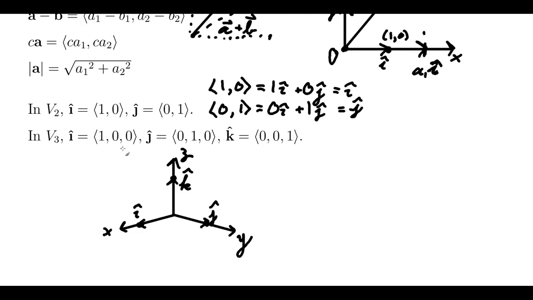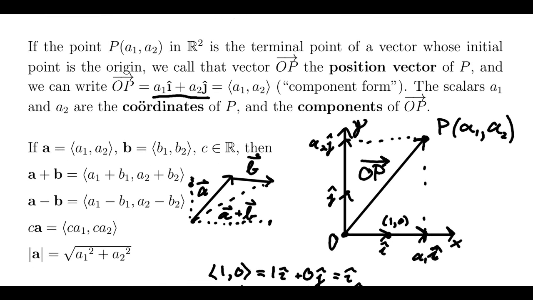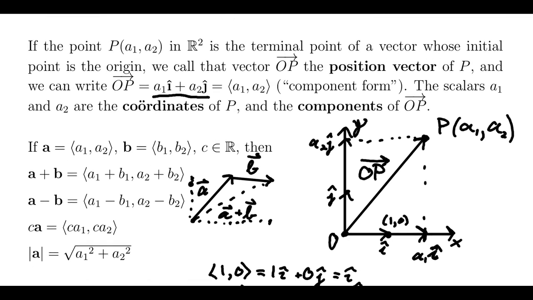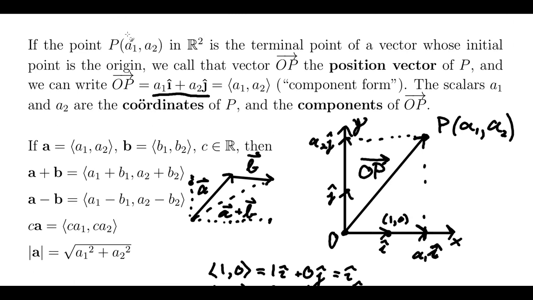Or again, we could translate each of these. I won't do this for all of them, but let's just do it for I, for instance. We're claiming something about this vector here. Well, 1, 0, 0, now this is 3 components, and this definition I gave above only has 2, but we can extend this to R3. We can take a point P with coordinates A1, A2, A3 in R3, and then the vector OP would be A1i plus A2j plus A3k, and have components A1, A2, and A3.